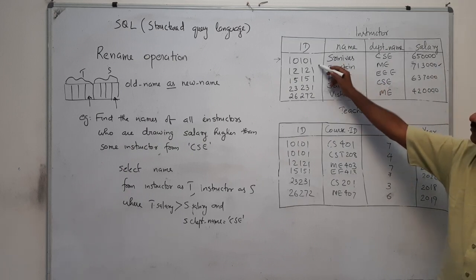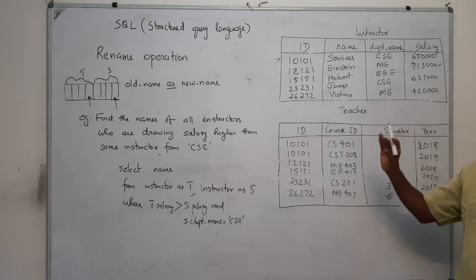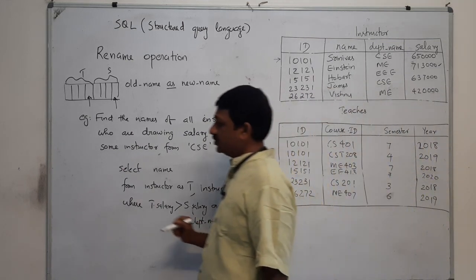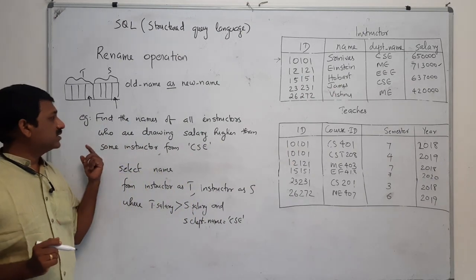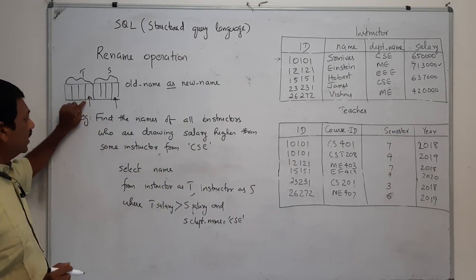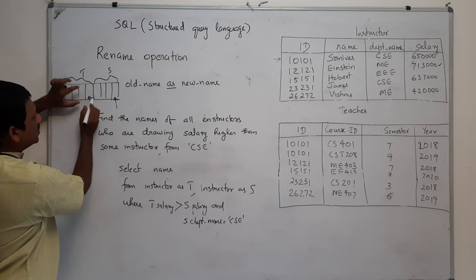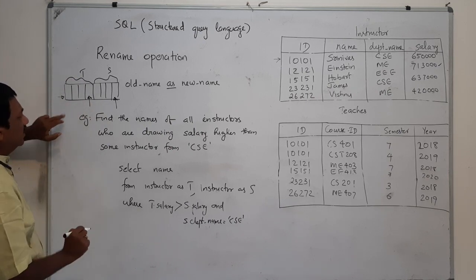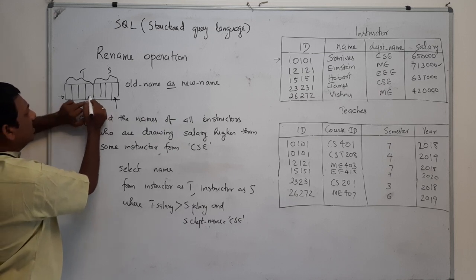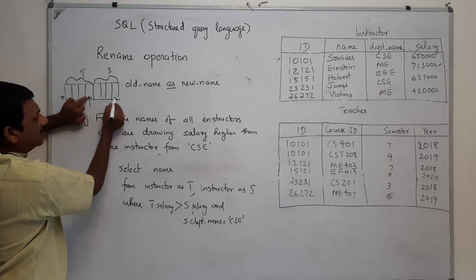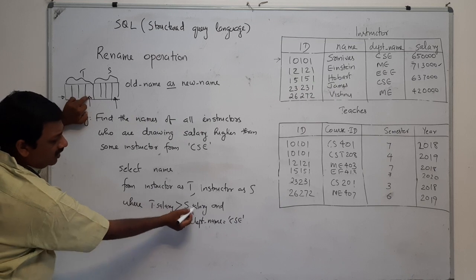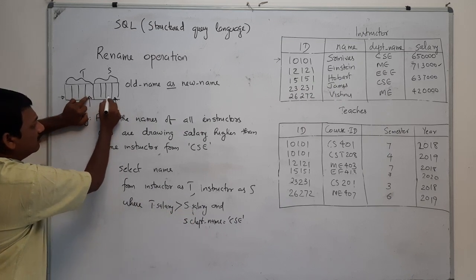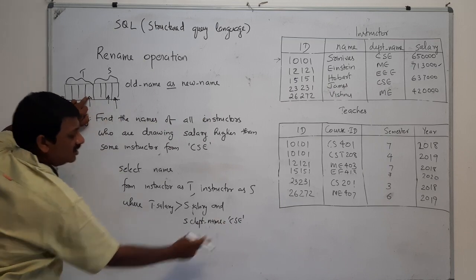Likewise 5 into 5, so 25 tuples are there for this T cross S. From those tuples we select those where T dot salary should be greater than S dot salary, and the department name should be CSE.